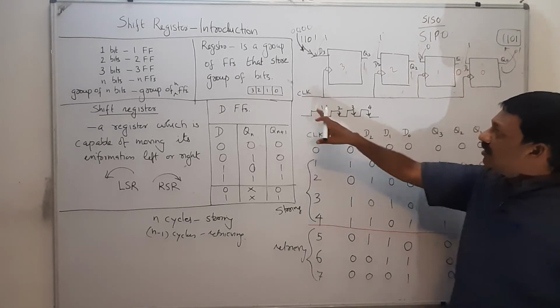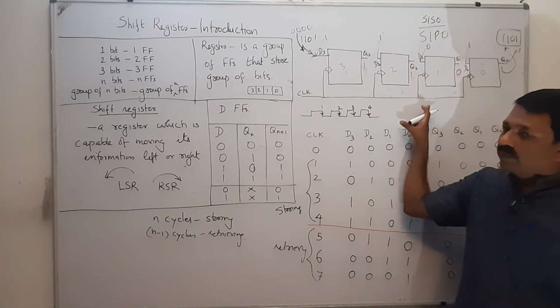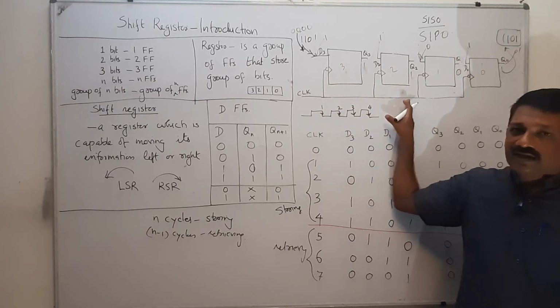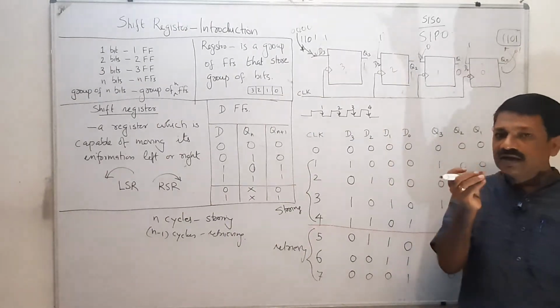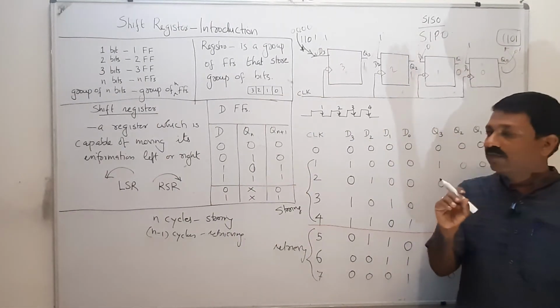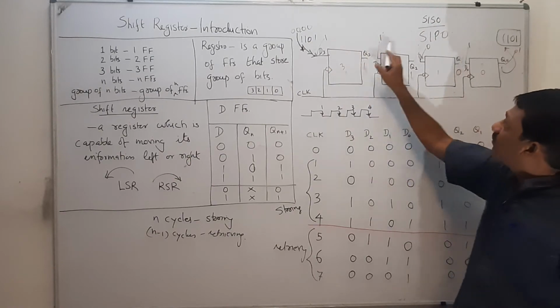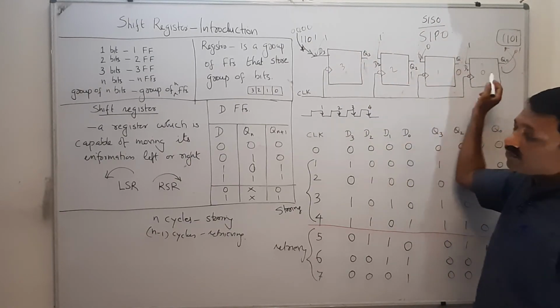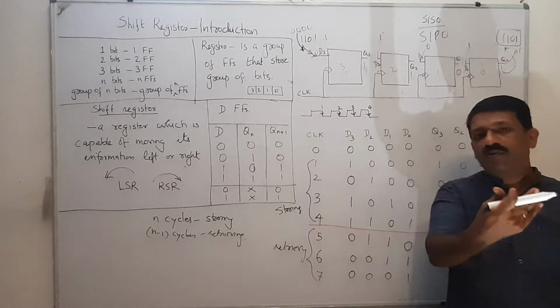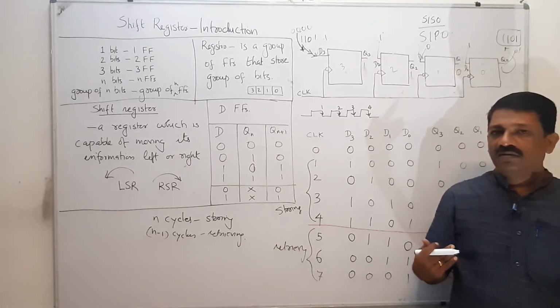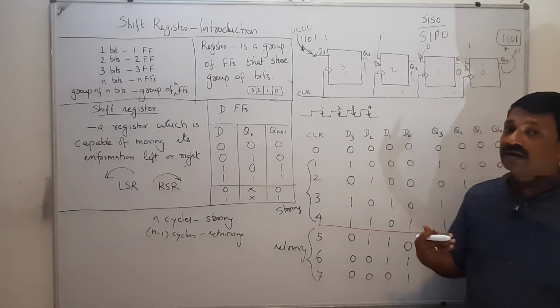And after that, for a single clock pulse, this 1101 is stored in the set of 4 registers, that is parallel in. Okay, that is parallel in.